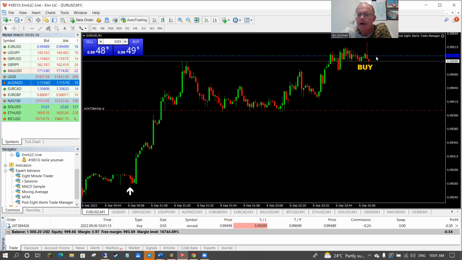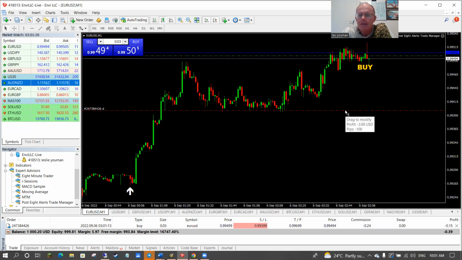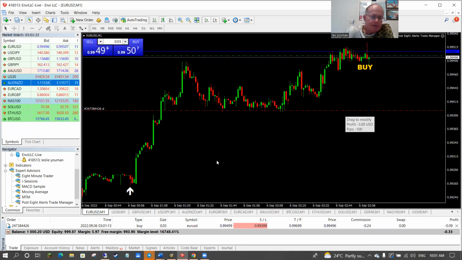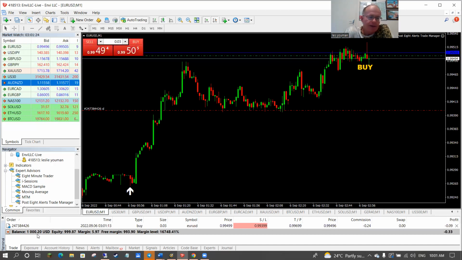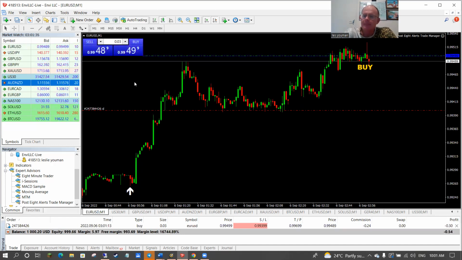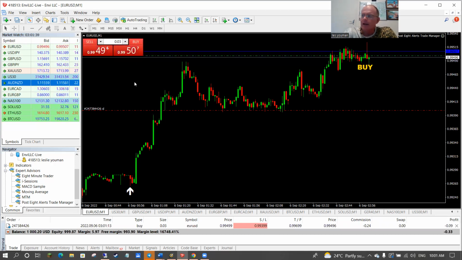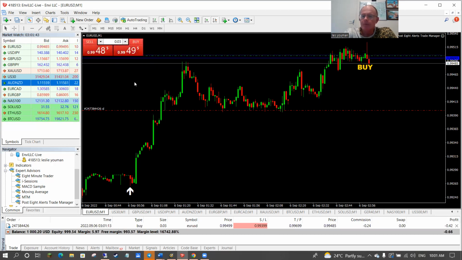And I've placed my trade, and you'll see it's placed a stop loss here. So this is a $1,000 account. I've chosen to just have a 0.03 lot size, for several reasons. I've just started on this account, and I want to be nice and conservative to start with until I build up a bit of a buffer too.